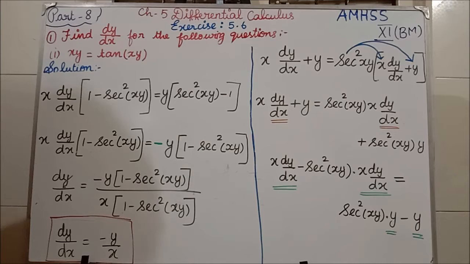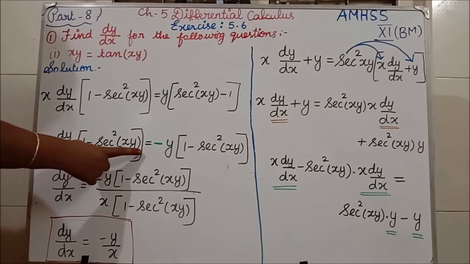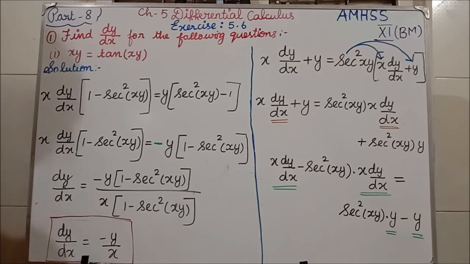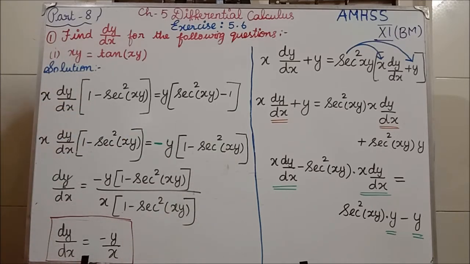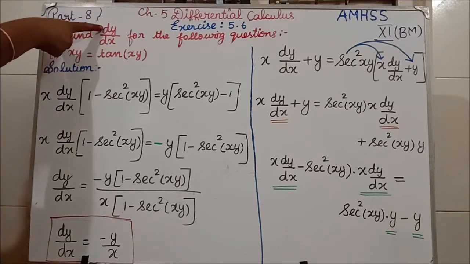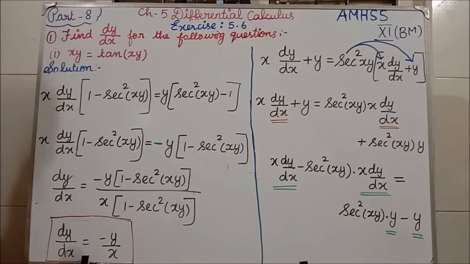Yes. In the next step, in the LHS part we have 1 minus secant square xy, and in the RHS part we also have 1 minus secant square xy. But in the question we need only dy by dx, that is all we have to find.